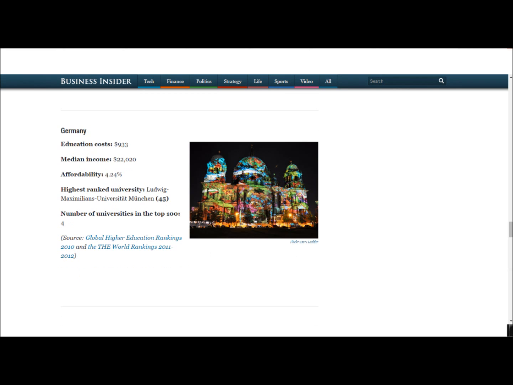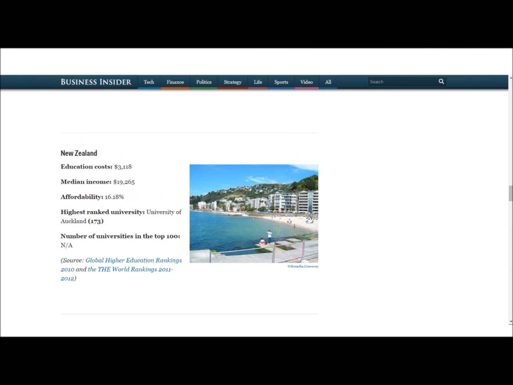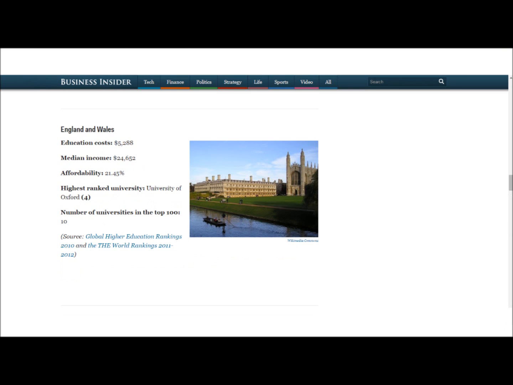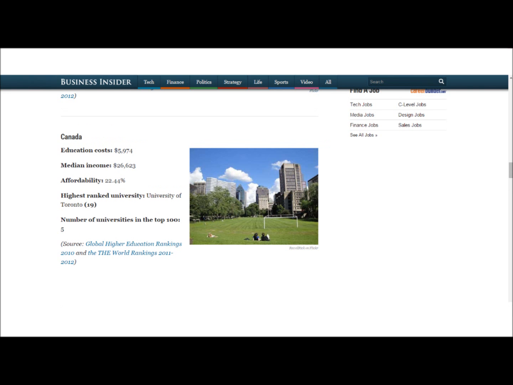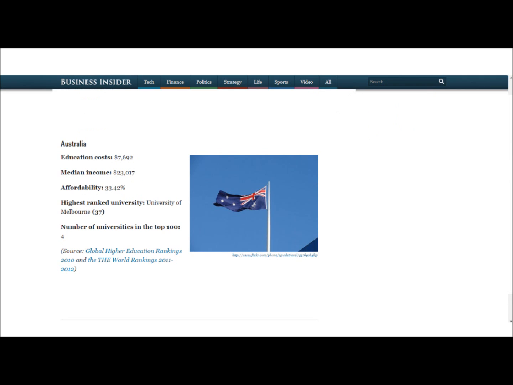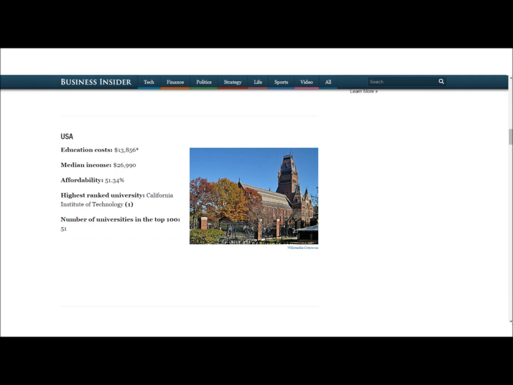Here's Germany, New Zealand, England and Wales, Canada, and Australia. And last but not least, the country on this list with the highest number of education costs, the USA at almost $14,000. Private education here in the US has an average tuition cost of $24,700, while public has an average of $7,173.